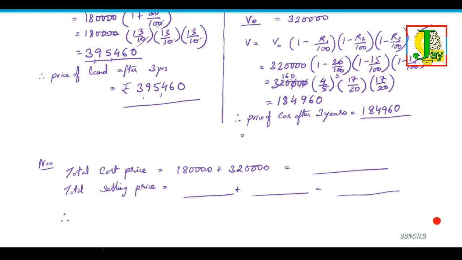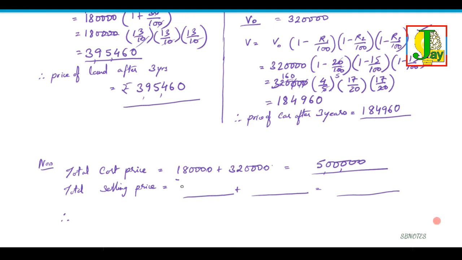Now to find out the total profit or loss, we need to find the total cost price. The initial cost price of the land is 1,80,000 and the car is 3,20,000, which if you add, you get 5 lakh rupees. So that's the total cost price of the two properties. Now the selling price of both properties.